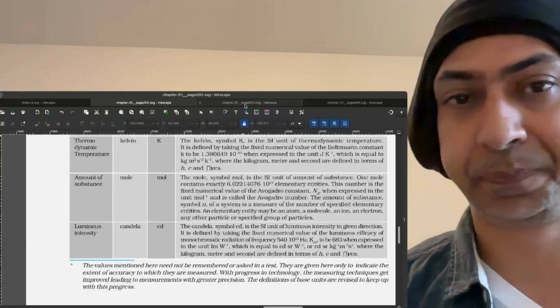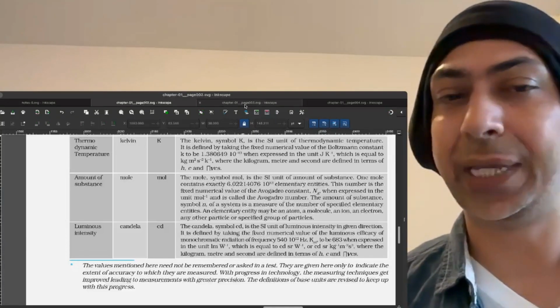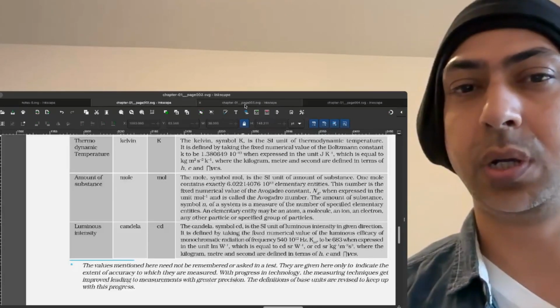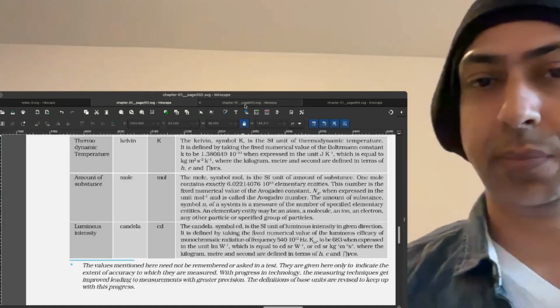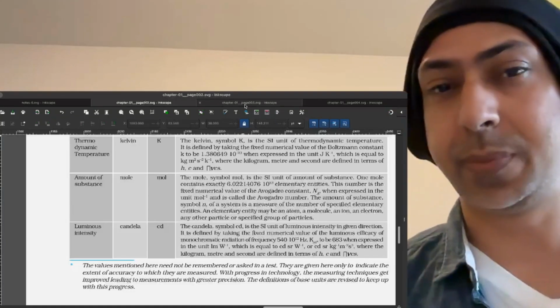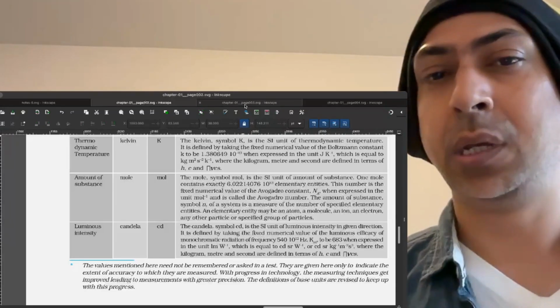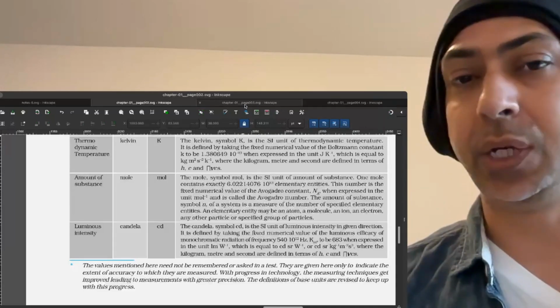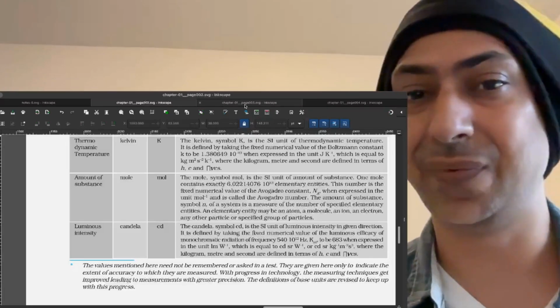So precision is how accurately you could measure. The measuring instrument is limited to counting to a certain extent. It cannot go beyond that. So that is also signified here.